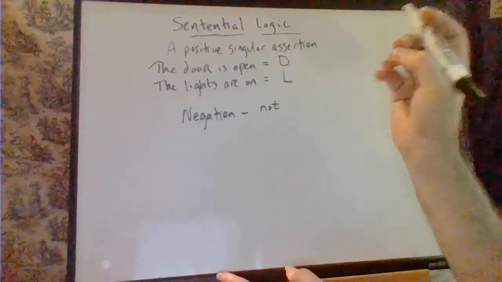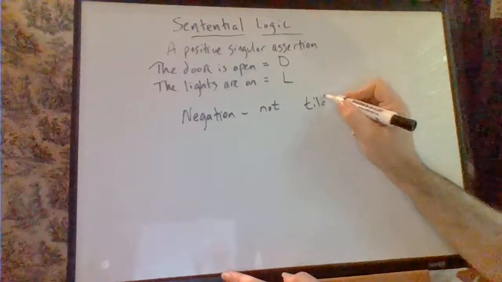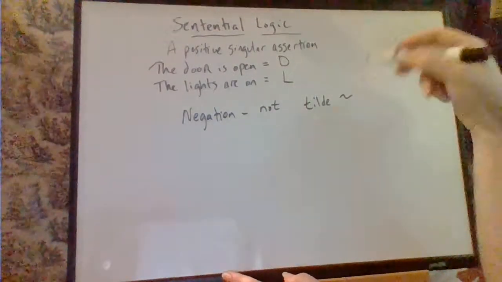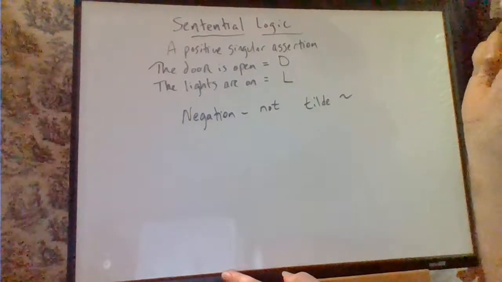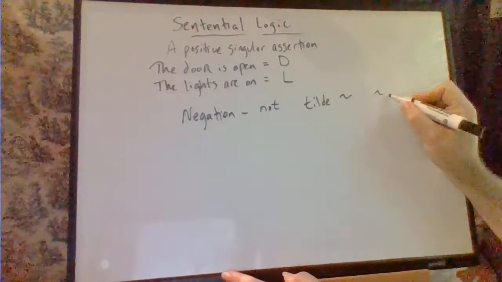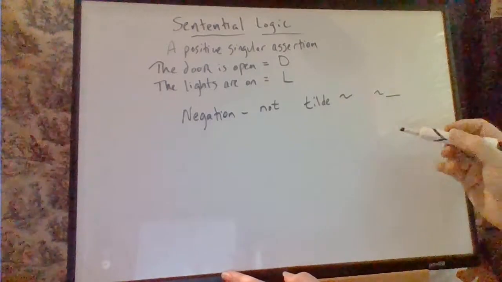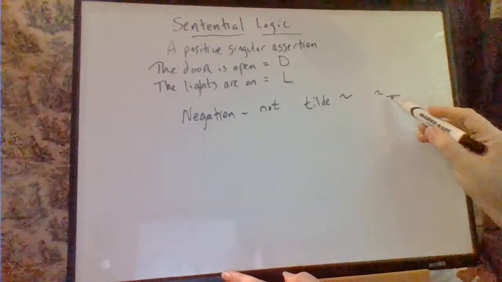The symbol that you're going to use is called a tilde. It's a little squiggly line like that. It kind of looks like the little squiggly line that goes over ñ in Spanish writing. But the tilde comes before the letter to basically deny it. And of the symbols we're going to look at, the tilde is the only one that's going to stand on its own like this.